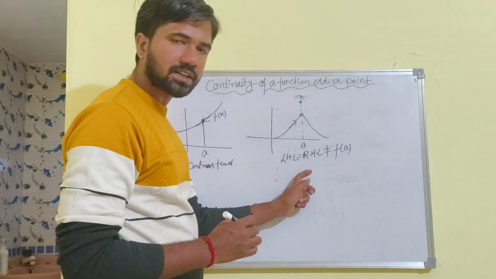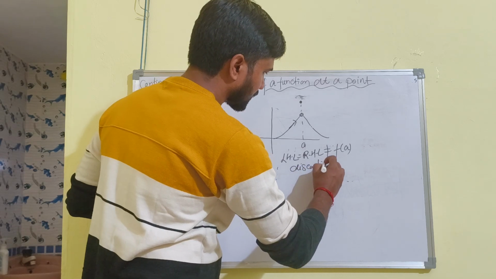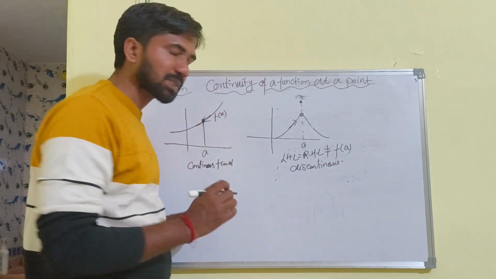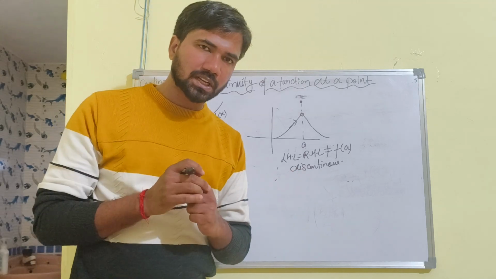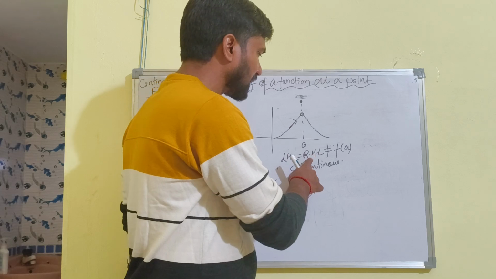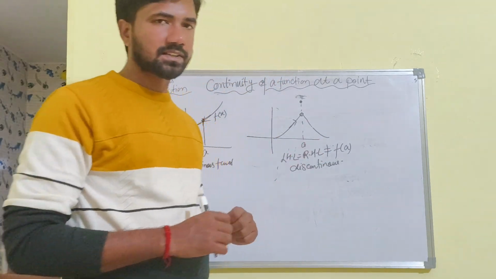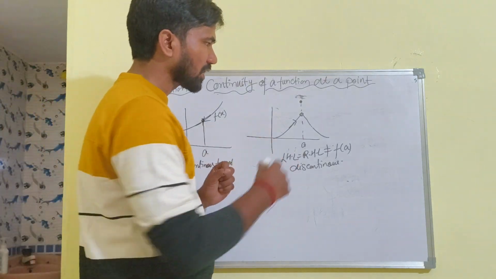At that time it is discontinuous, because if the left hand limit, right hand limit and value of the function are all equal, then we can say the function is continuous. Otherwise it is not continuous.